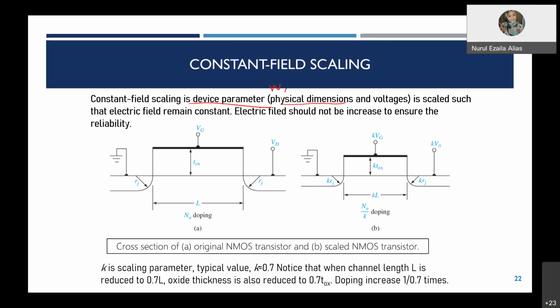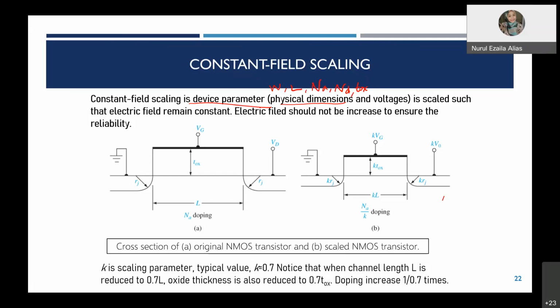Concentrations, Na and Nd, are also physical parameters, and there are a lot more. Tox, the oxide thickness, is also a physical dimension.